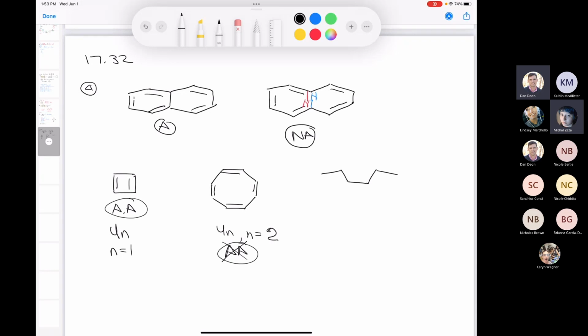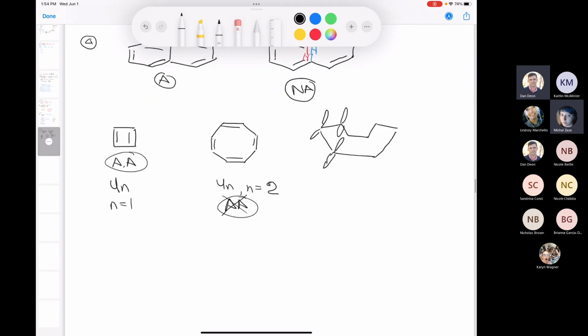I'm going to try to draw the tub the best I can, but it adopts this shape here. So what it does is it prevents orbital overlap. So you end up with very isolated pi bonds. I'm not going to draw the entire thing, but the tub shape prevents the orbital overlap of all those p orbitals, and thus you don't have a continuously overlapping system of p orbitals. Thus, it's not anti-aromatic. It just becomes non-aromatic.